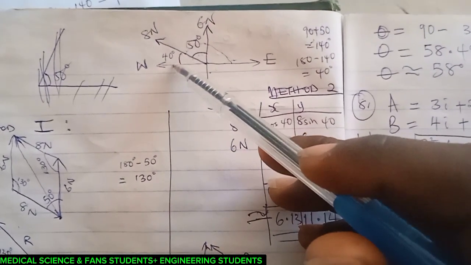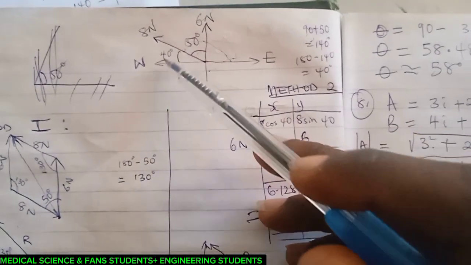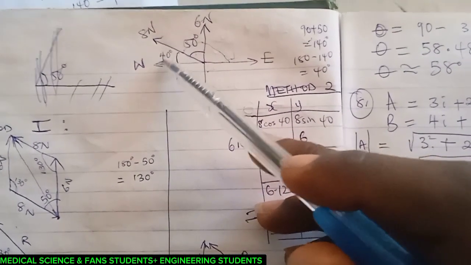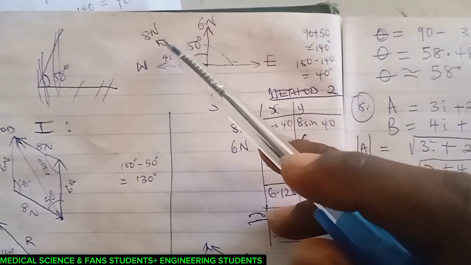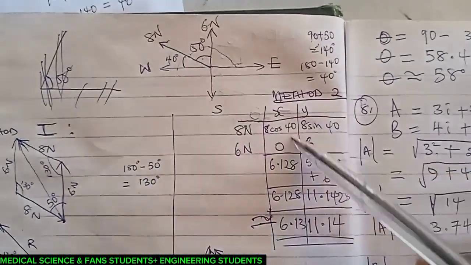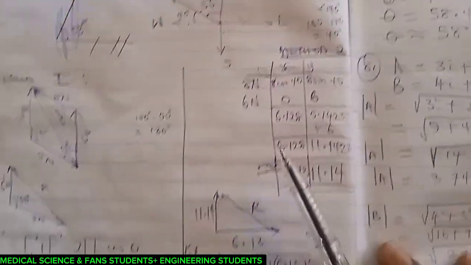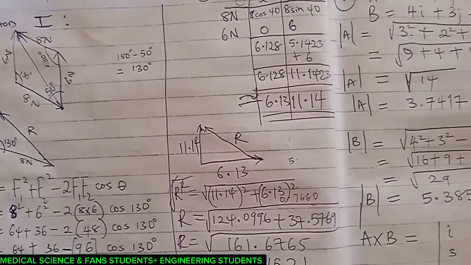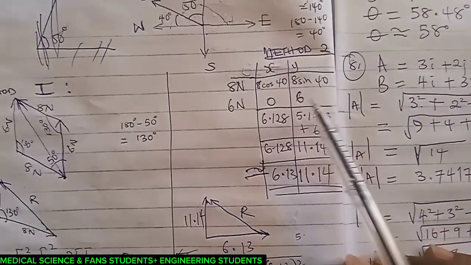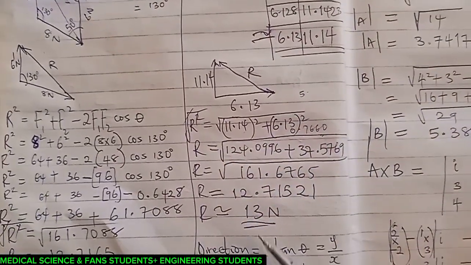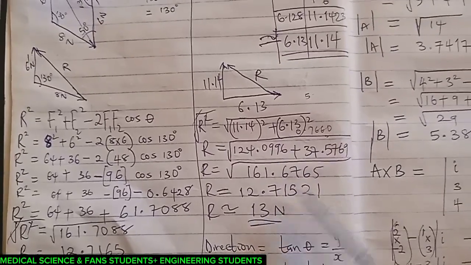So angles on a straight line, 180 minus 140 is 40. I like to use this angle here because it gives me exactly the same thing. So you can see that if I come here now, applying the second method, it still gives me 13 Newton.